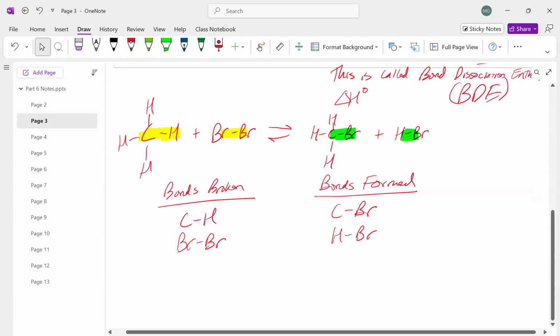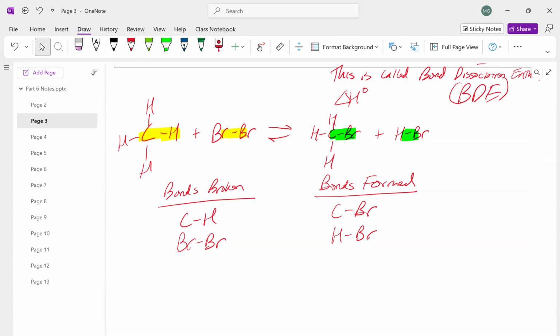So what we're going to do is look up the dissociation enthalpies for this. So we have for carbon-hydrogen, that's 435 kilojoules per mole. For bromine, that's 193 kilojoules per mole. Bonds forming, we're going to use the opposite sign here.